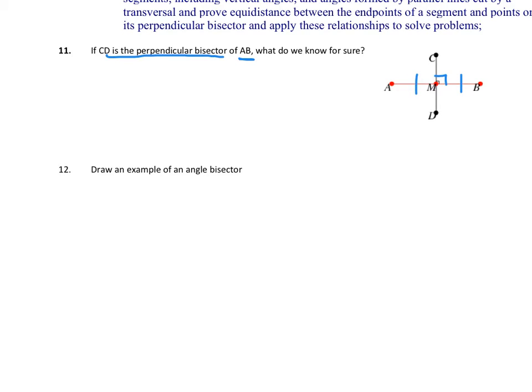We only know that CD divided AB in half. So we do know that CD is perpendicular to AB, I'm sorry. We know that. And we also know that AM is equal to MB because it bisected.